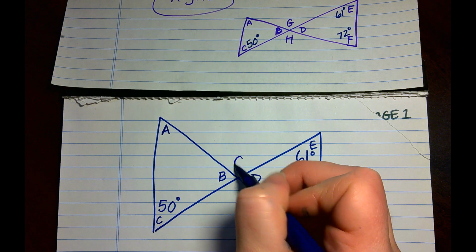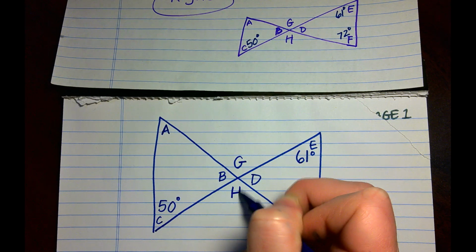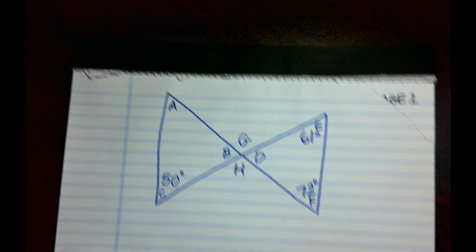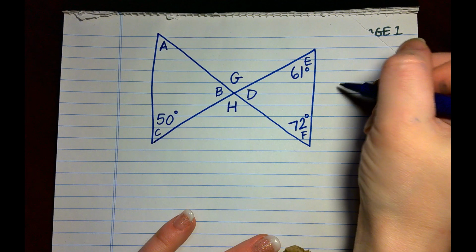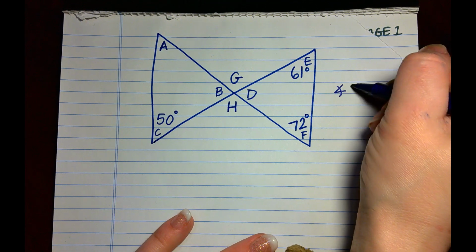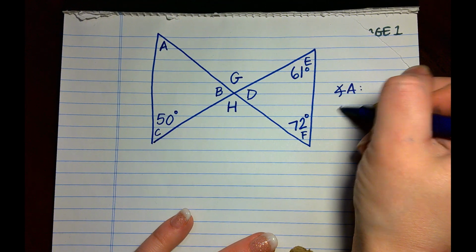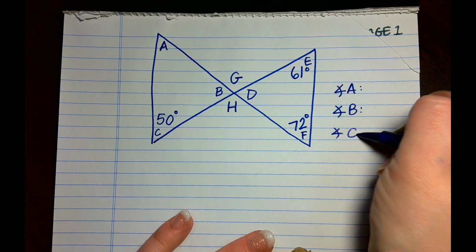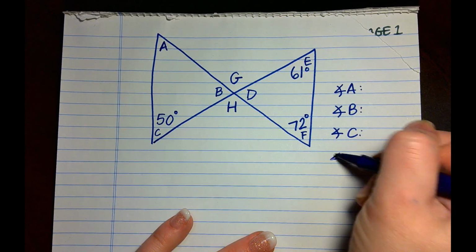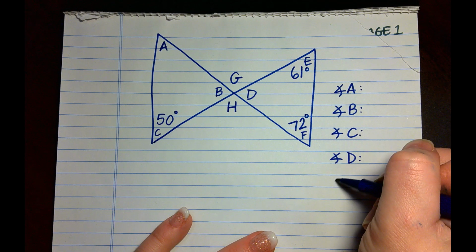And then we have G, H. Can I find all of these angles? Let's find angle A, angle B, angle C, angle D, and angle E.